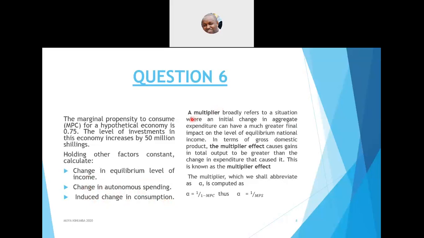Like I've mentioned, this question introduces the concept of the multiplier. And this concept of the multiplier holds that if we increase investment or government spending by a certain amount, the level of national income will increase by a bigger value than the initial value of the increased spending. And this is largely because of the multiplier concept.